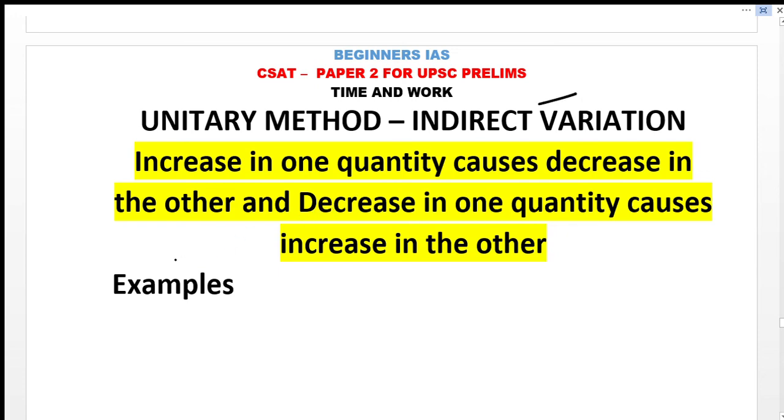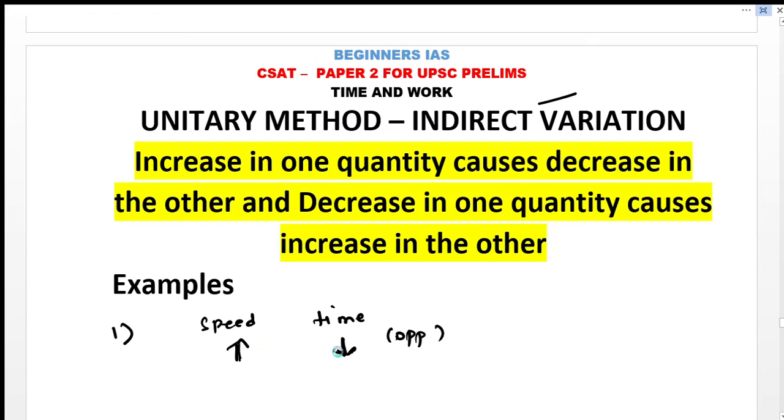Let us see a few examples for better understanding. If the speed increases, the time taken will automatically decrease, right? One quantity changes opposite to the other quantity.